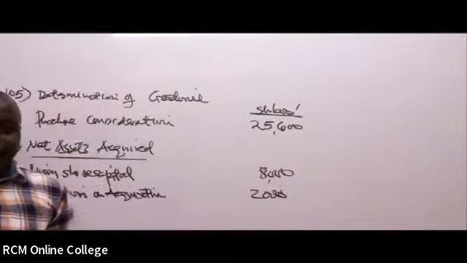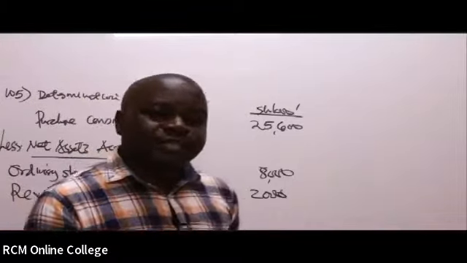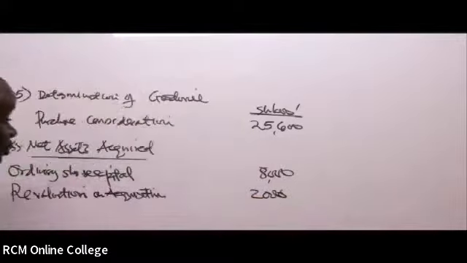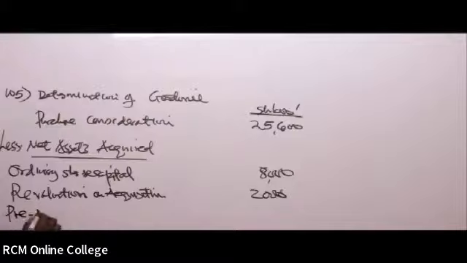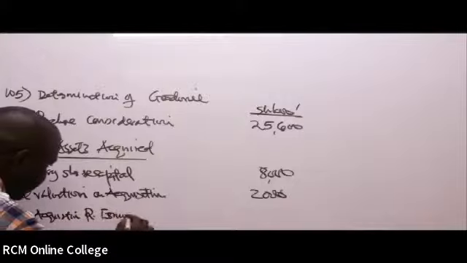Gideon says at the acquisition. Faith says pre-acquisition. Yes, we take pre-acquisition. So here you should know how to get the pre-acquisition. So we must get the pre-acquisition retained earnings.